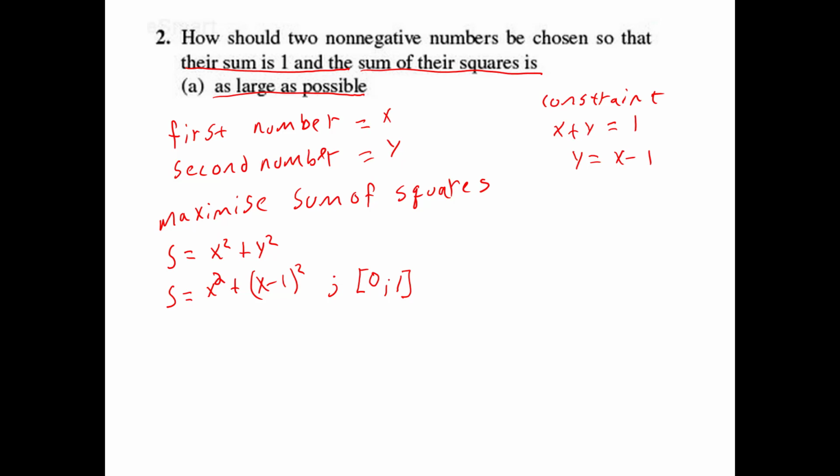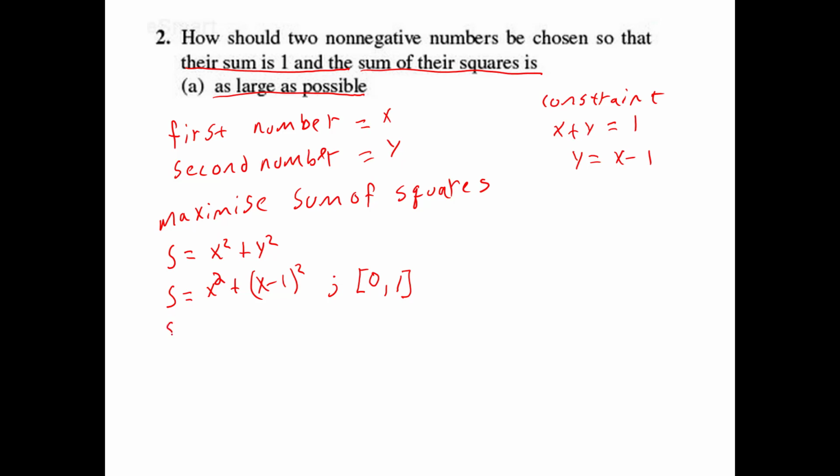The reason this is important is because now we have a continuous function on a closed interval, and we're guaranteed to have an absolute max and an absolute min. We're guaranteed to have a biggest sum that's possible and a smallest sum that's possible.